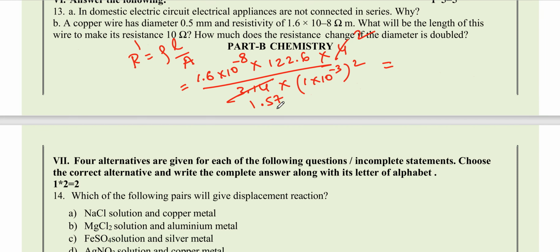It will not get cancelled. If the terms are not getting cancelled, then multiply all the numerators. Simple.